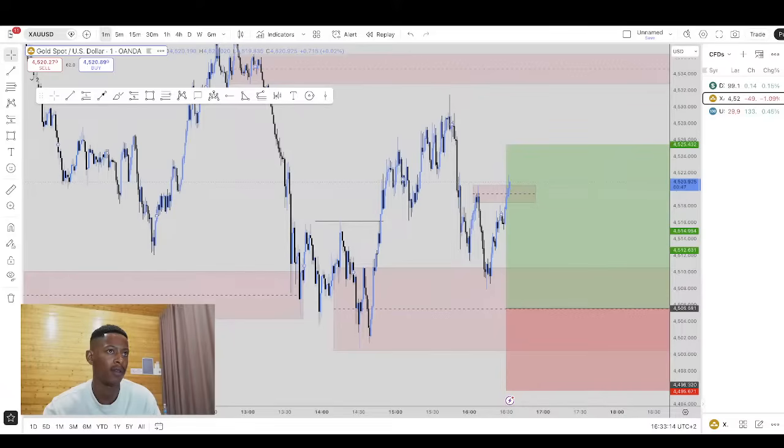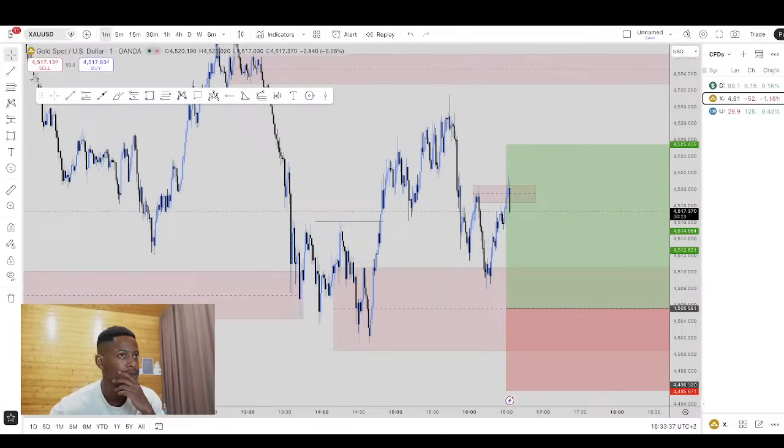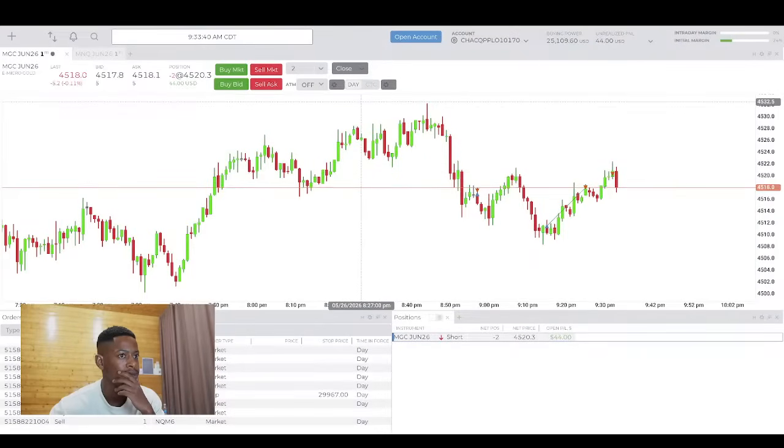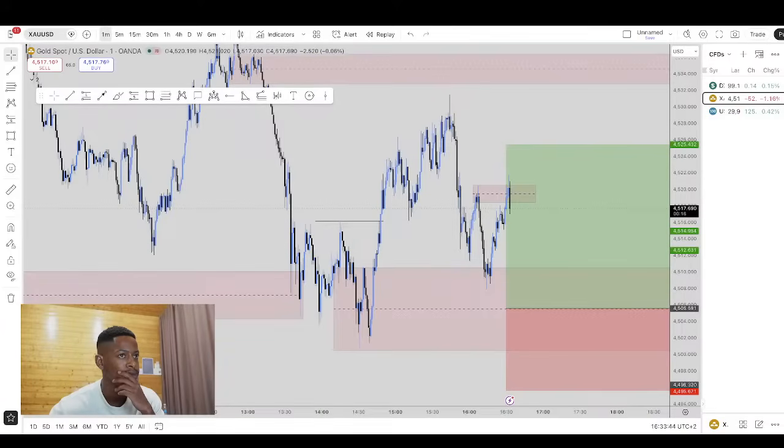I think once it closes above, I'm going to go out. Okay, so gold had this big push, 1 minute, like a push down.